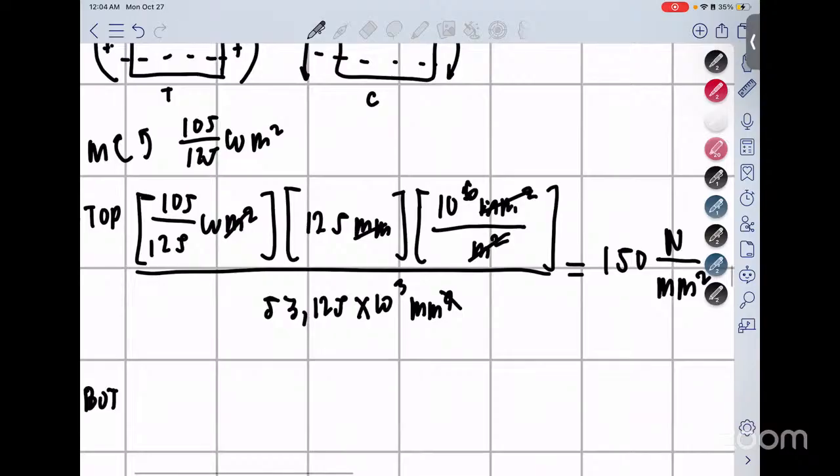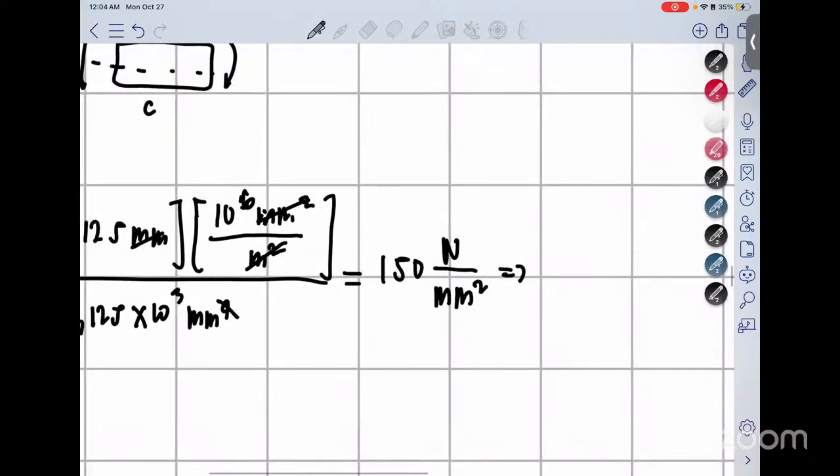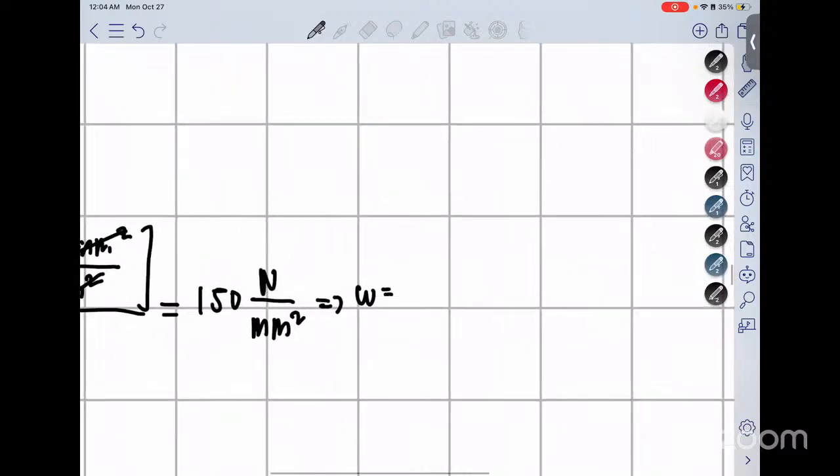So then the answer you'll get here is omega is equal to 77.714 newtons over millimeters.